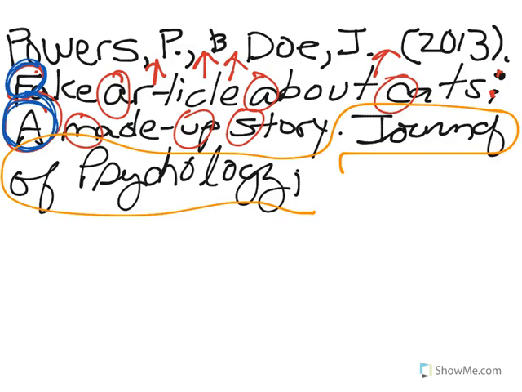You're also going to put in a comma after this, and you're going to put in the volume number. So let's say the volume number is 18. Okay, that is also going to be in italics. And this is where it gets a little confusing. After you put the volume number, you're not going to put a space.